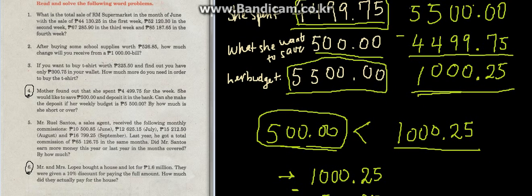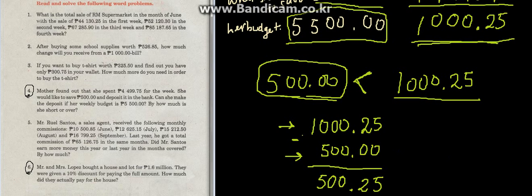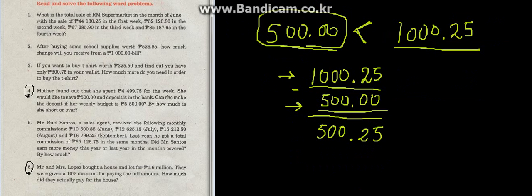So this number is definitely bigger than the 500 that she wants to save. So yes, she can make the deposit. Then how much money will she have after making the deposit? In order to find it out, we have to subtract the deposit money from the money she has. And what we got was 525 hundredths. So that's the final answer and the end of the problem.